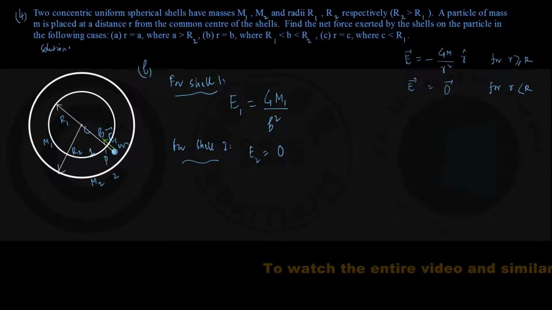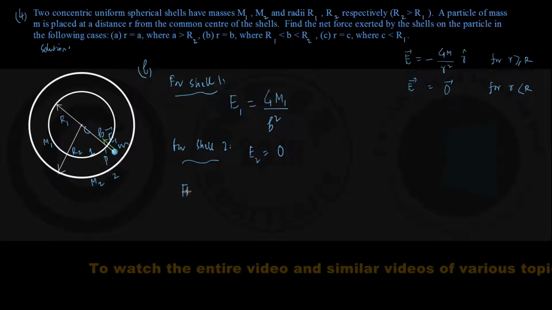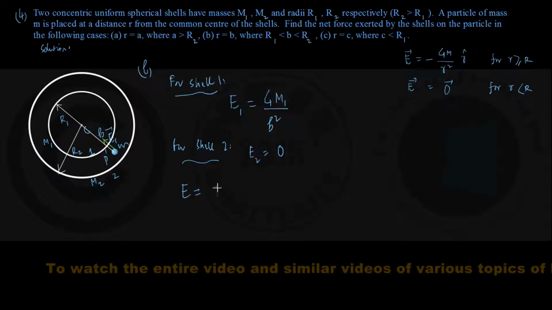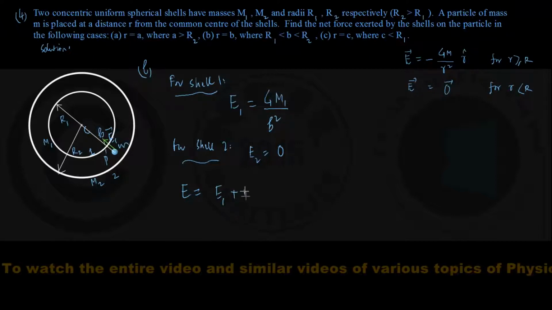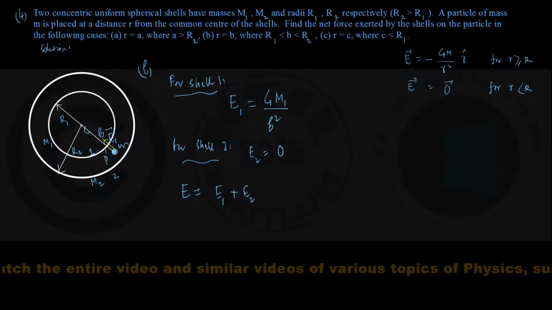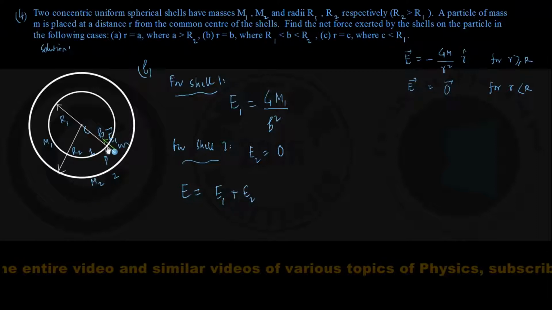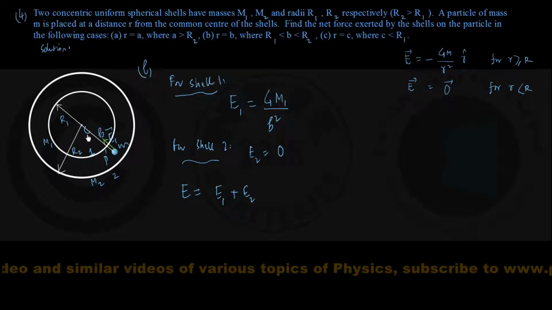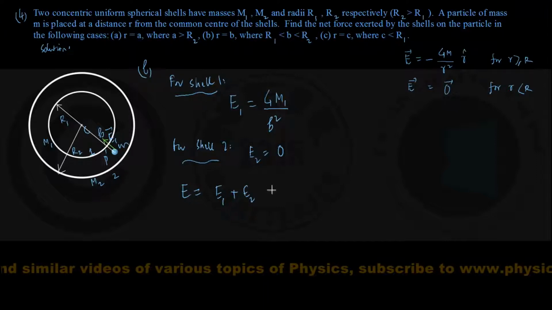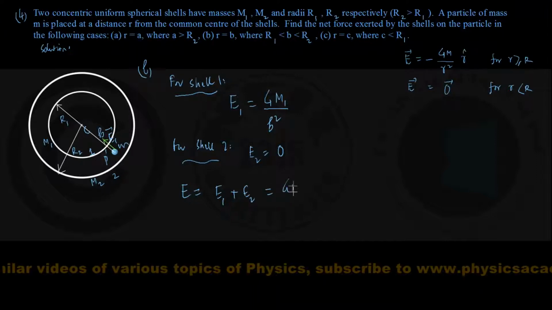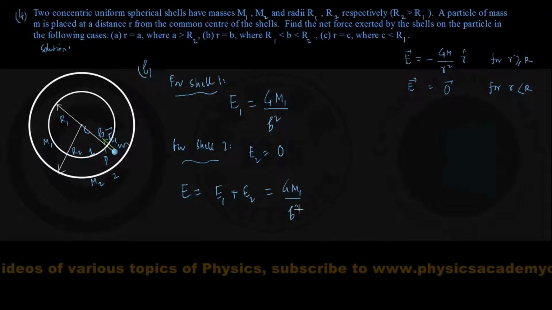Therefore, the net gravitational field at the position p dash, which is somewhere between the boundaries of the shells, we can write down the total gravitational field at p dash is E1 plus E2. I can have this simple scalar addition because both of them, if there were fields, would be directed radially inwards towards common center C. So E1 plus E2 is coming out to be simply G m1 by b square because E2 is 0.